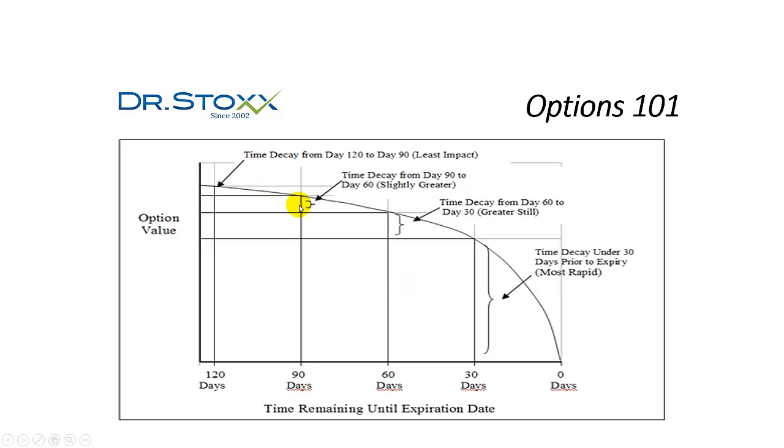The time value over the second month, 90 days out to 60 days out, is going to be about double that, about 10% gone. So in the first 2 months of holding that call option, 15% of our time value has disappeared. Over the third month, from 60 days down to 30 days until expiration, we're going to lose double what we lost in the second month, which is about 20%.